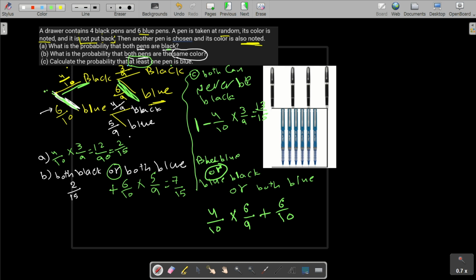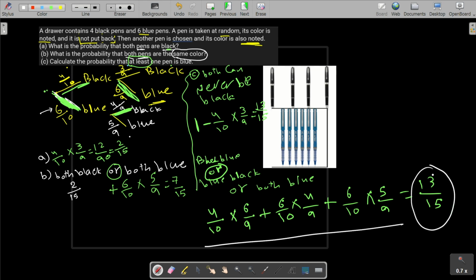This is blue here, as you can see, and black, which is 4 over 9, or both blue, or means plus, both blue, which is 6 over 10, multiply 5 over 9. You will do the calculations, you will also get 13 over 15, which means you can use this way, or you can use this way. Both will give you the same answer and both will give you the full mark for this question.